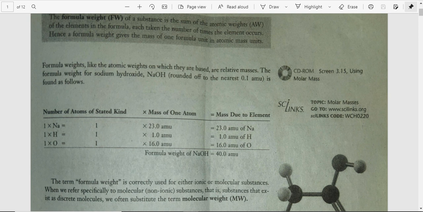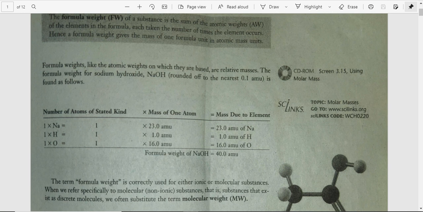Okay, mass due to your element. Ibig sabihin, combine mo na ang imo nga mass and also ang imo nga element. You have 23 AMU of your sodium, 1 AMU of your hydrogen, and 16 AMU for your oxygen. Therefore, yung mga formula weight is 40 AMU.